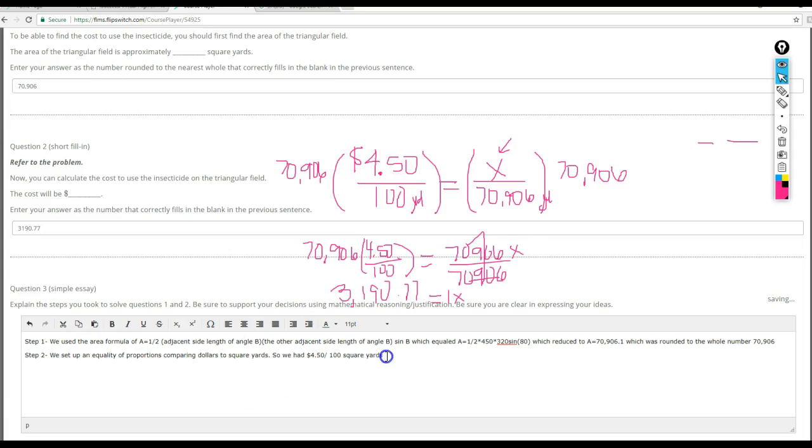So we had $4.50 divided by 100 square yards equal to x divided by 70,906 square yards.